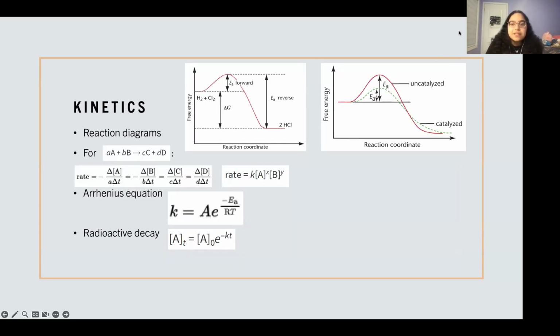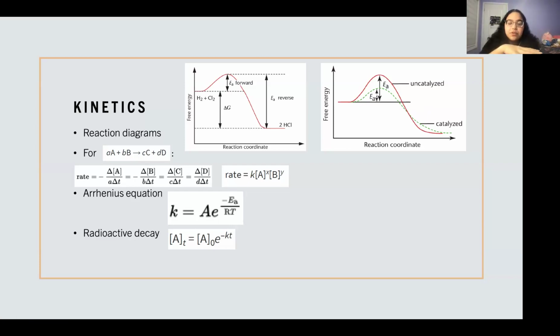Next concept is kinetics, which we covered a little bit during biochem, but going back to the reaction diagrams and a reaction coordinate. The first one shows that if you're going from hydrogen and chlorine to forming hydrogen chloride, your free energy will increase and then eventually decrease.